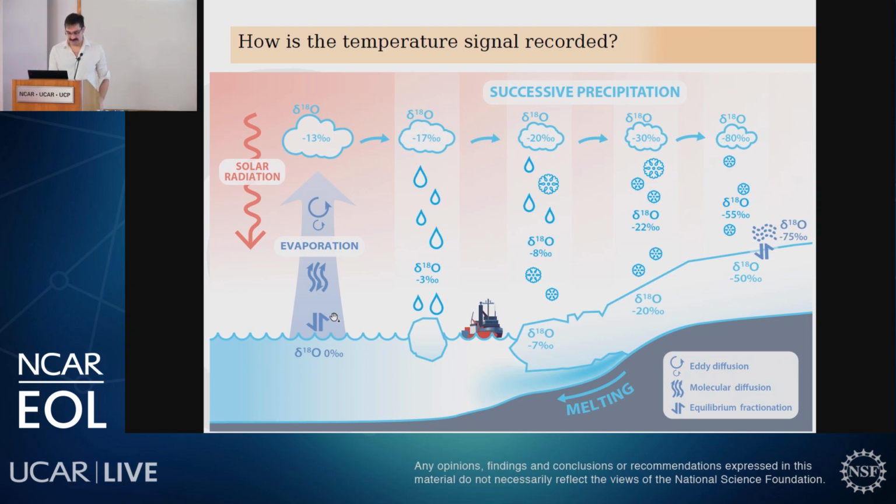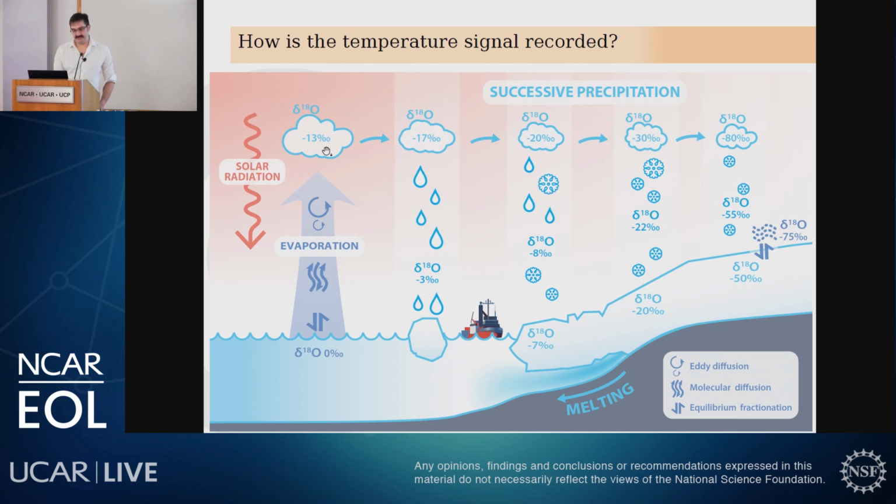I also have a video of this, but it's maybe easier to have the slow version here. The isotopic signal captures the temperature relationship throughout the hydrological cycle. First, over the ocean, you have evaporation with both equilibrium and molecular diffusion and eddy diffusion that lead to fractionation and to the vapor being depleted compared to the ocean isotopic composition.